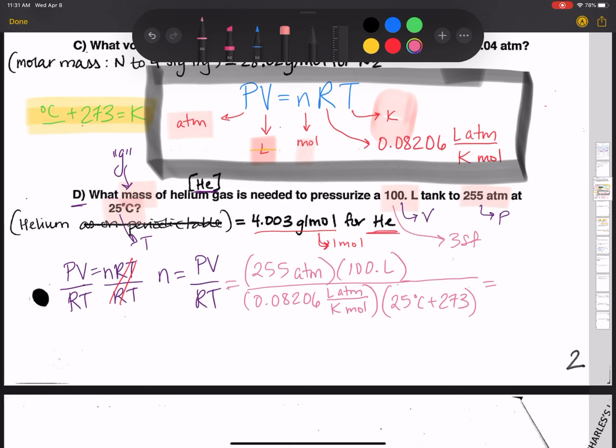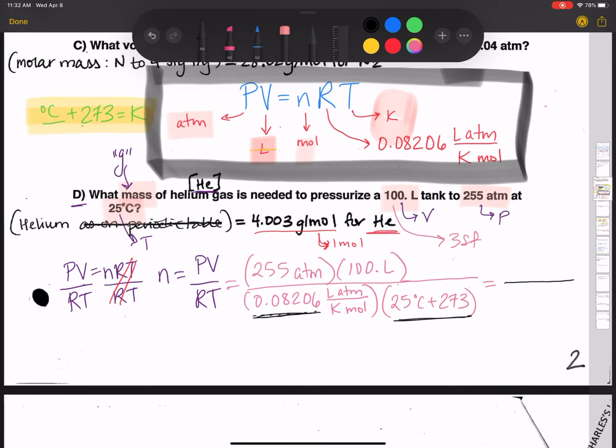So I would add 25 plus 273 and clear that out in the calculator. Then I would multiply that to my R value, which is 0.08206. So once you add 25 to 273 and you get that number, then you're going to separately multiply that to your R value. That's now going to be your denominator.